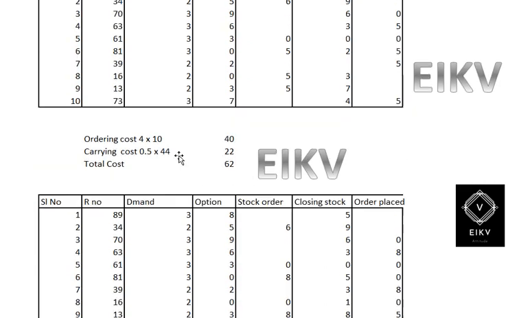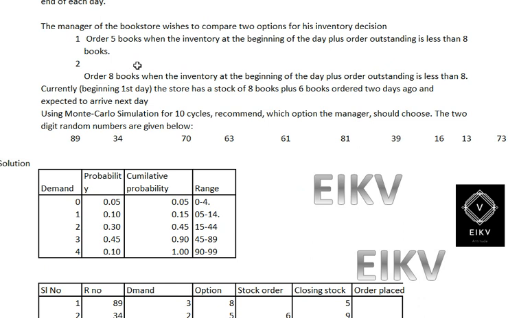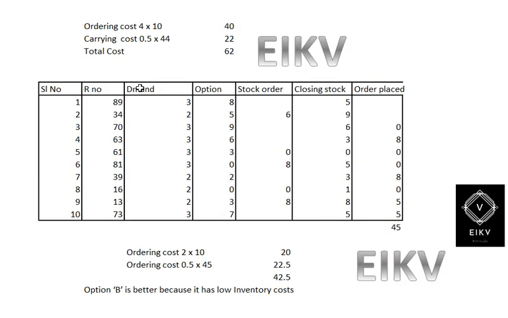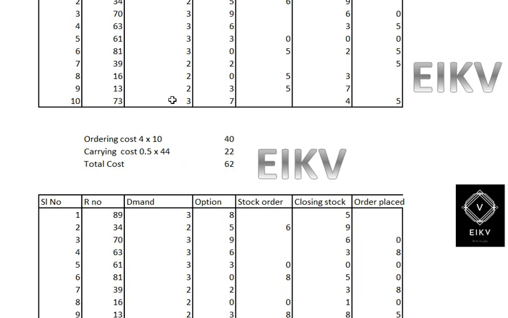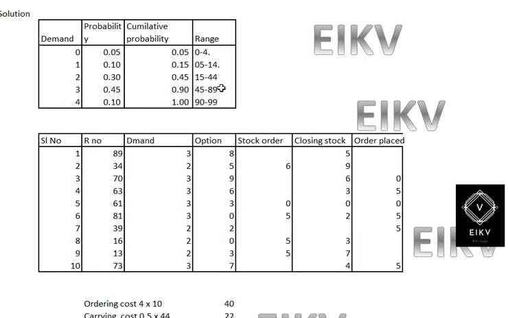So going ahead with the next statement, that is the second option, that is order 8 books when the inventory at the beginning plus the order outstanding is less than 8. For that we have the random number as 89. So 89 will be between the range of 45 to 89.